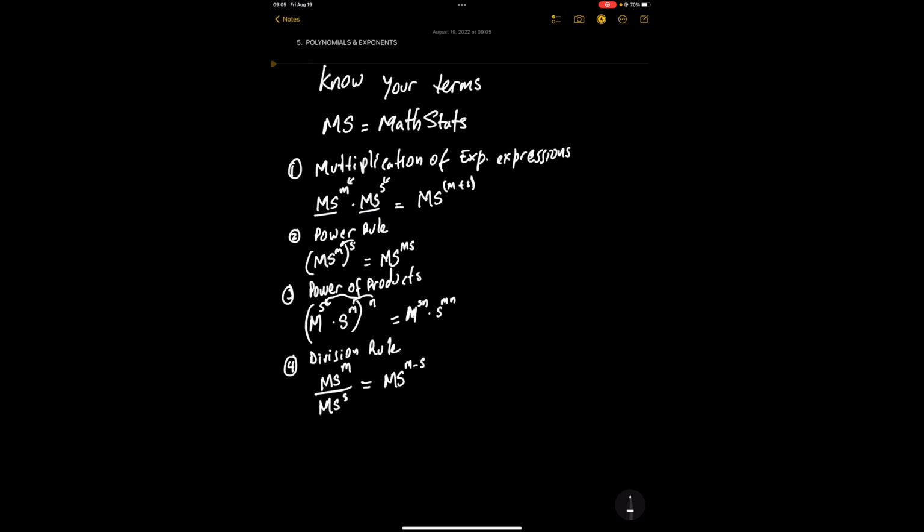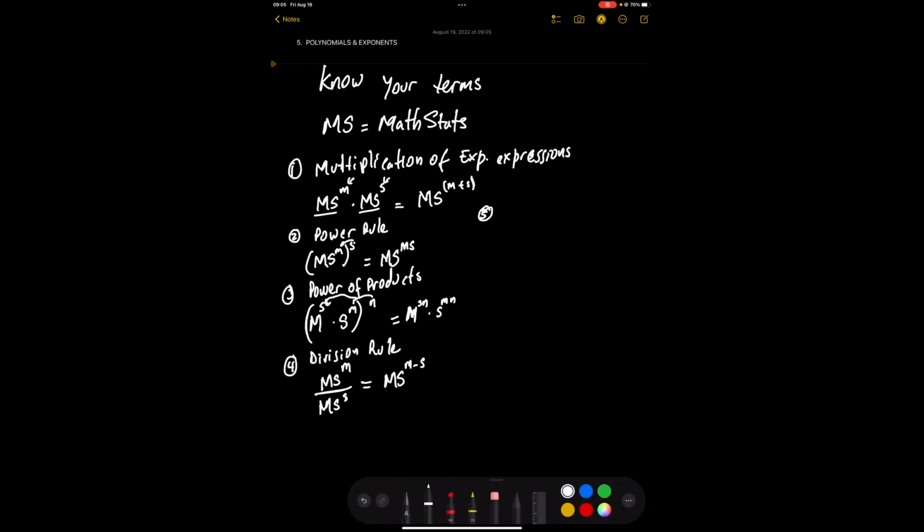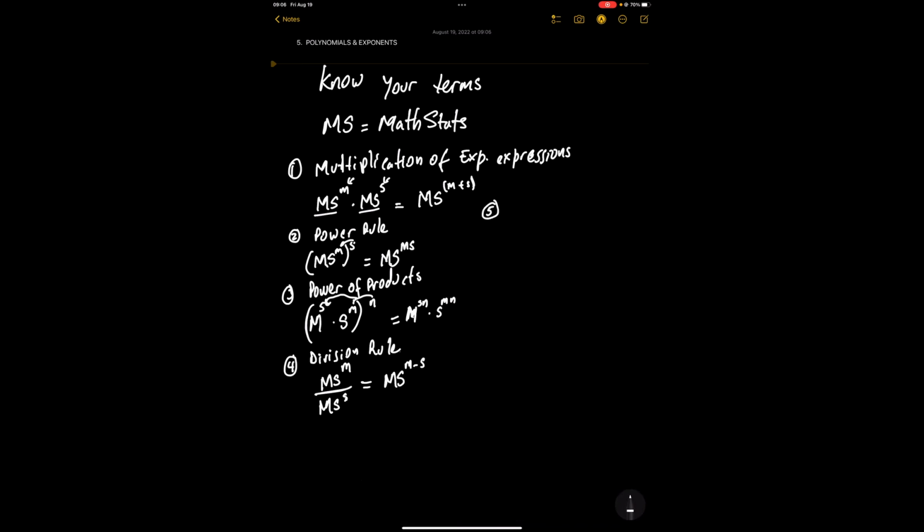Number 5. So we've seen 4 rules so far. Rule number 5: you have 0 as an exponent.